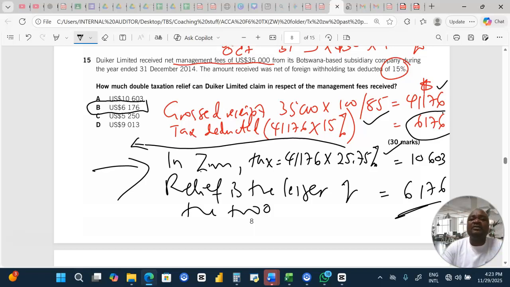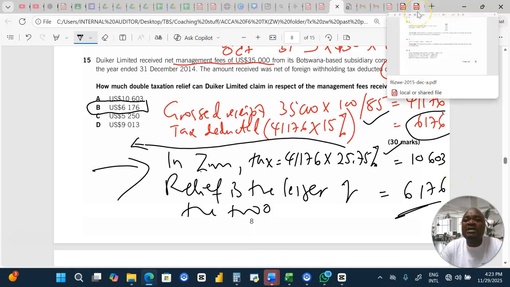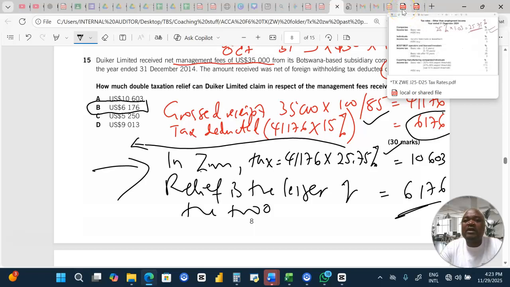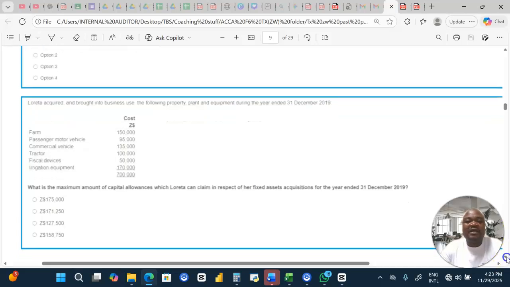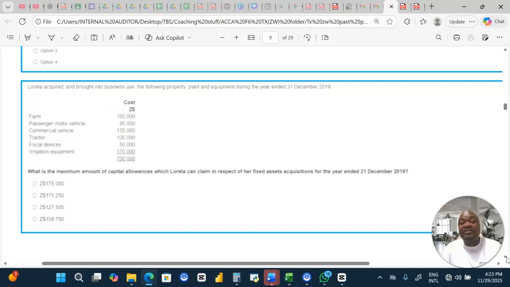Let us try to find if we have a question on capital allowances. Okay, that question paper was the 2015 question paper, December. So this one is a 2020 December question paper.